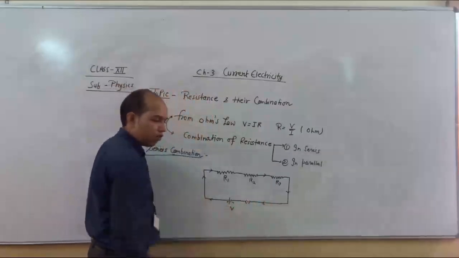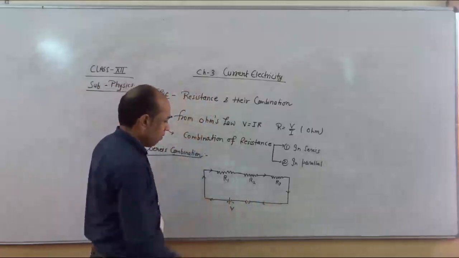Suppose V is the potential of the battery used in the circuit.